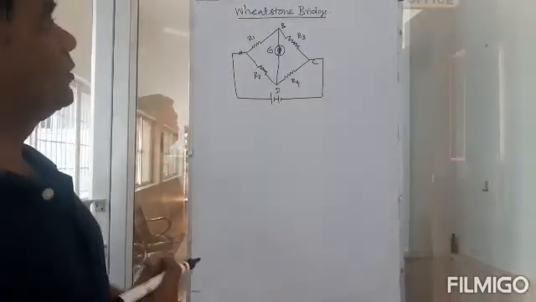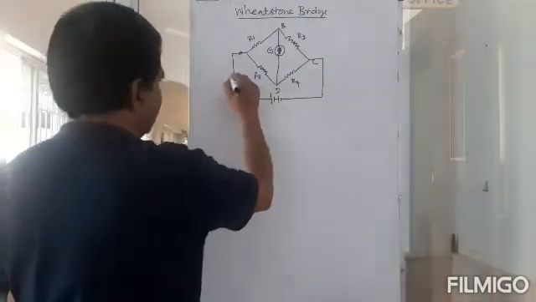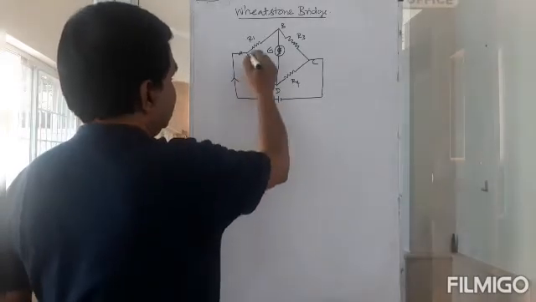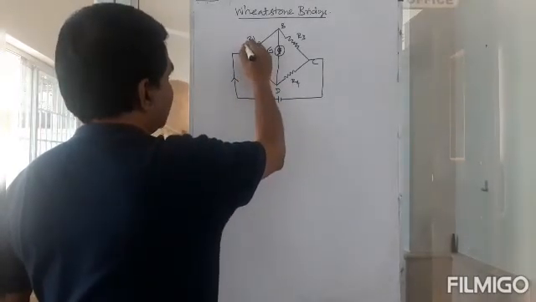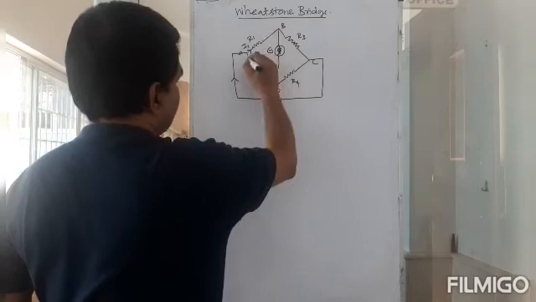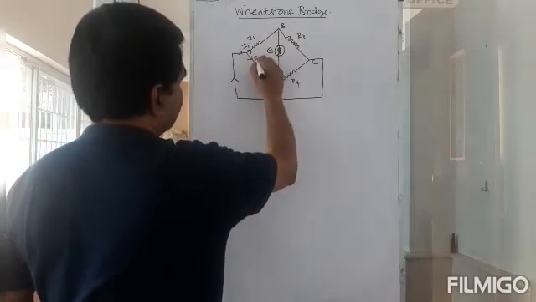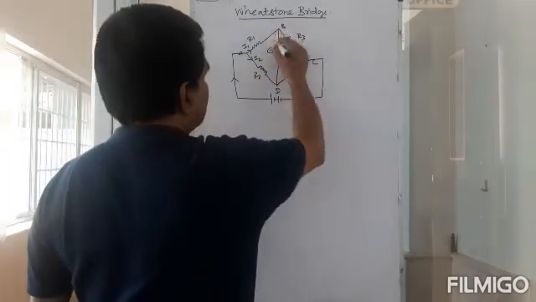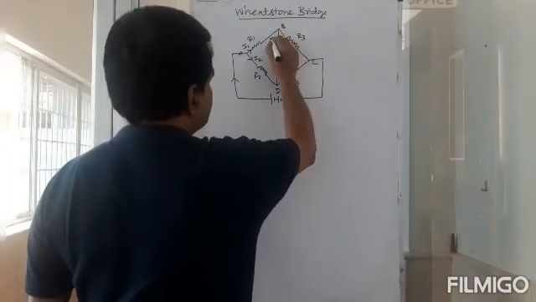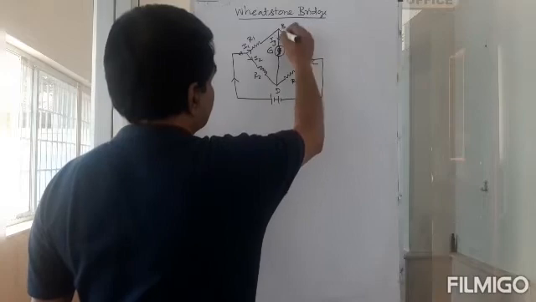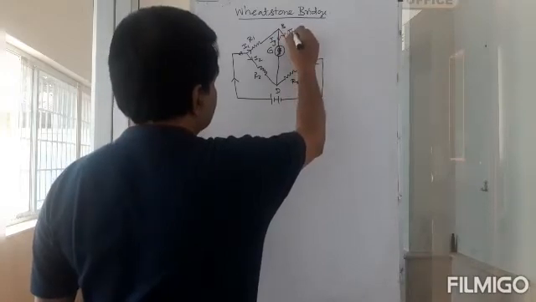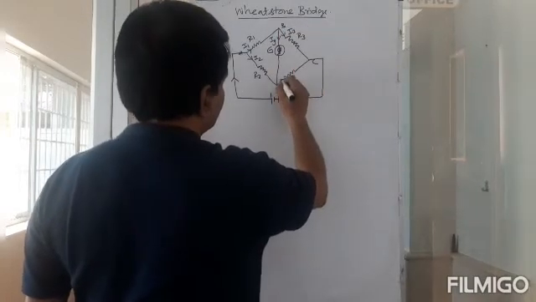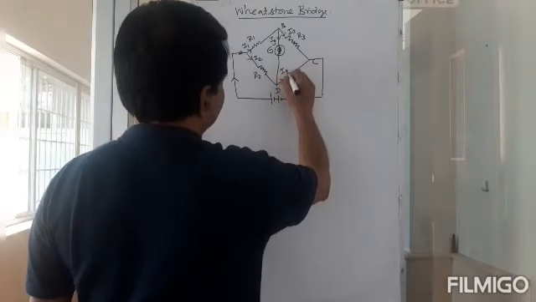Now I will be the current coming out of the battery, I1 will be the current flowing through this branch, and I2 the current flowing through this branch. The current flowing through the galvanometer I will call Ig, the current through this can be called I3, and the current through this can be called I4.